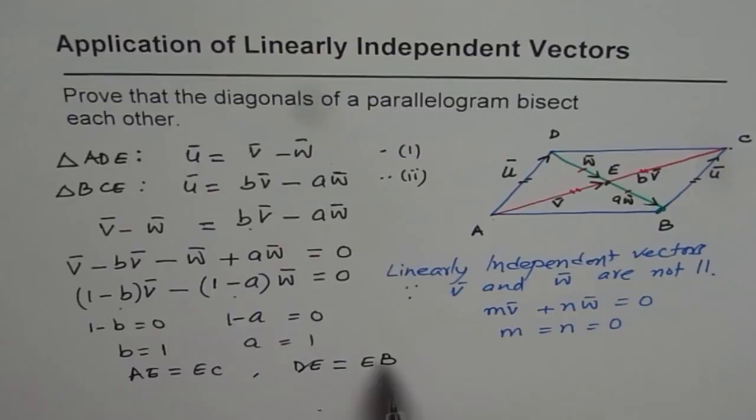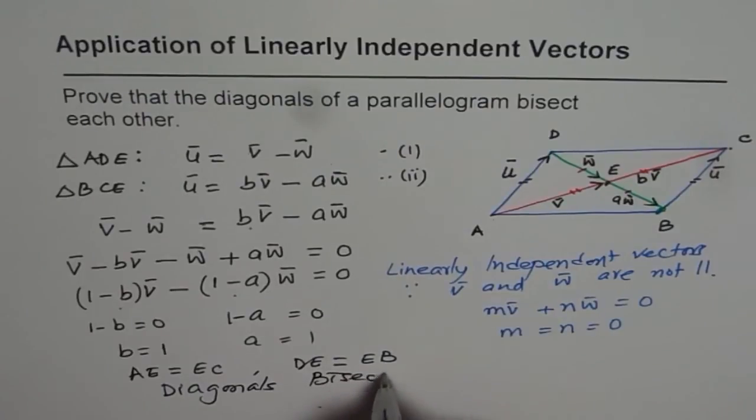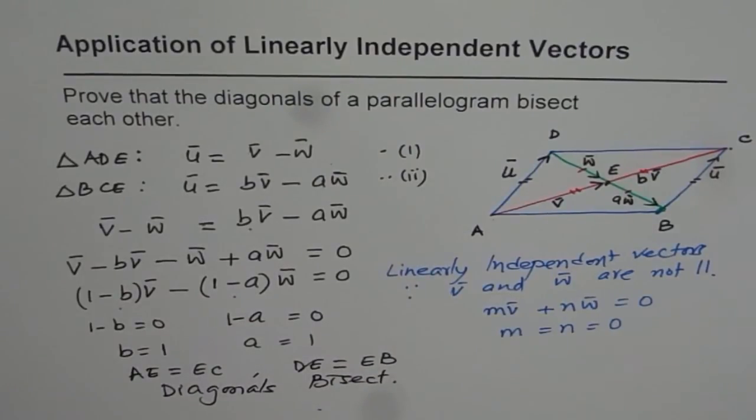So that is how we can prove that the diagonals bisect. Right? So that is how we can apply the properties of linearly independent vectors and show that the diagonals of a parallelogram indeed bisect. Thank you.